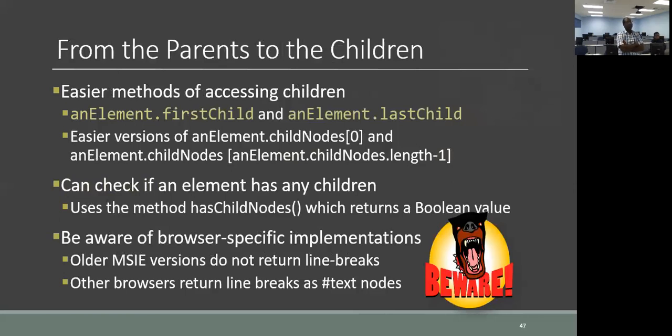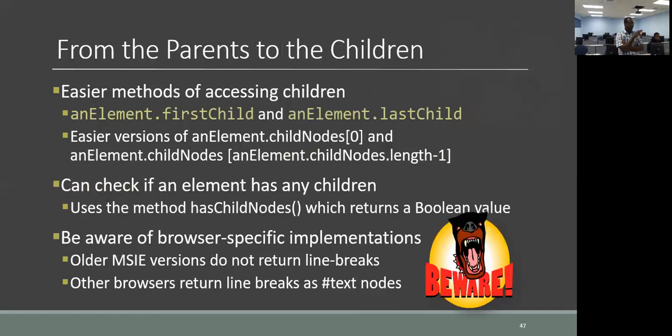Okay, now you see I have my nice little Doberman there telling you to be aware, right? When we first did up these slides, Microsoft Internet Explorer was still actually a thing. What you have to be aware of is that in terms of what are considered children, children are any node.